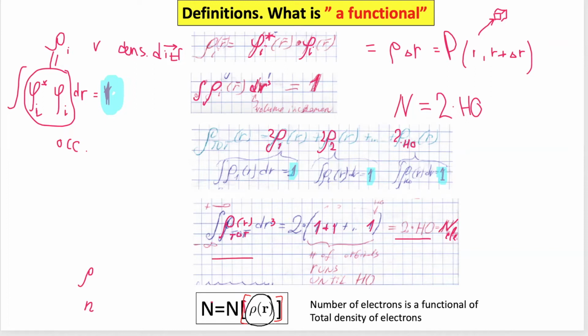These rectangular brackets mean that the total number of electrons is a functional of the density.